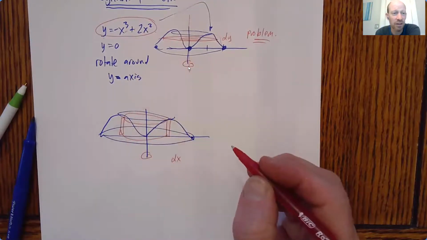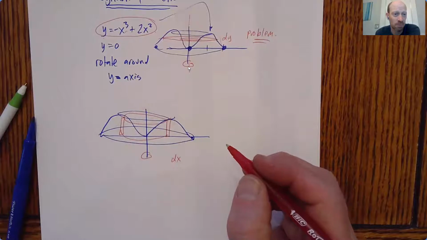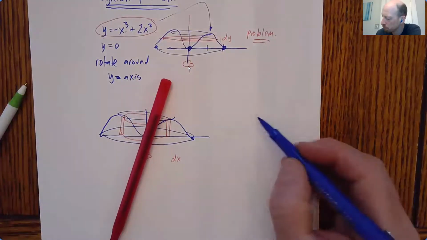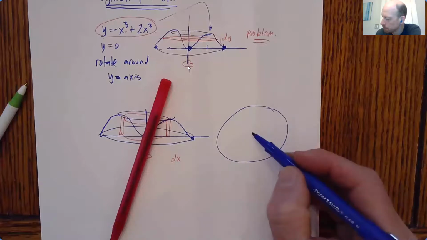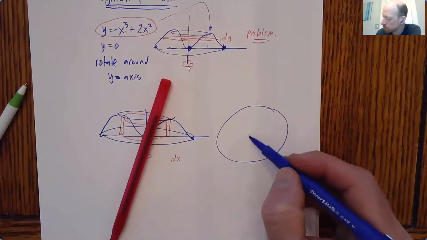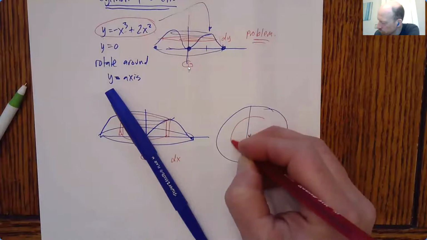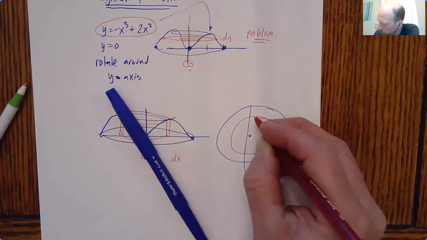What it does is it creates a cylinder. And if you looked at this from the top, what you would be looking at is a region like this.